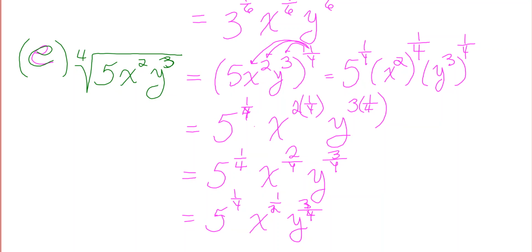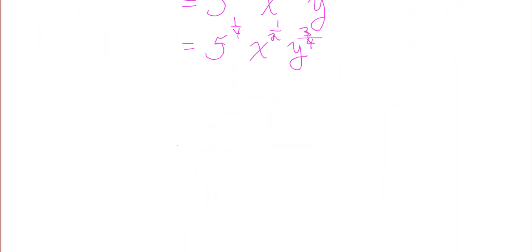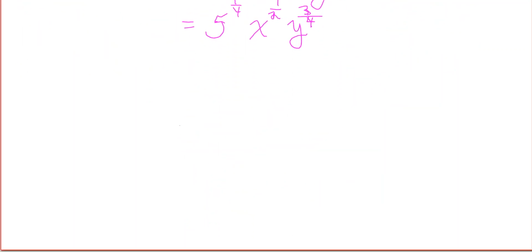So I'm going to do one last type of example of how to manipulate these between the two. Actually, I think I'm going to get a new page because I'm taking up too much space with this one. All right, last type of example. So we're going to use the properties of rational exponents to simplify each of these. So it's going to be a little bit more involved, but I believe in us.